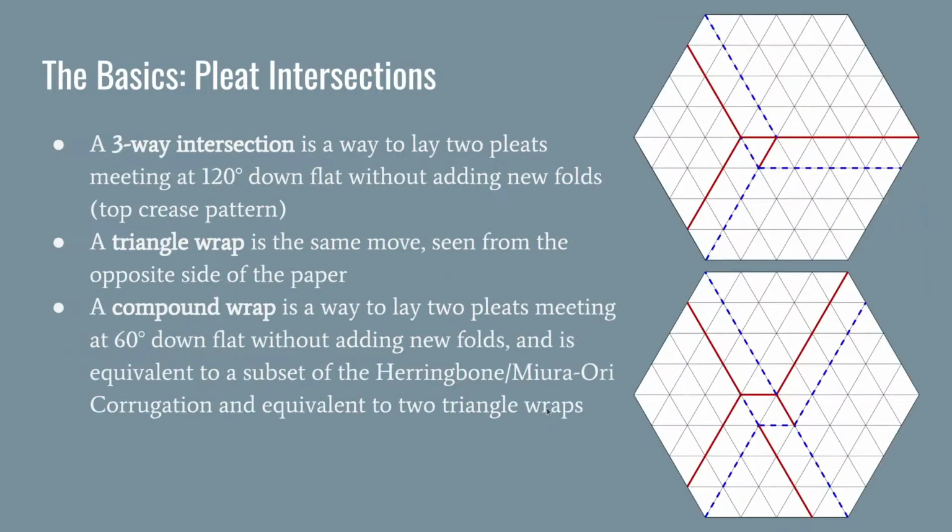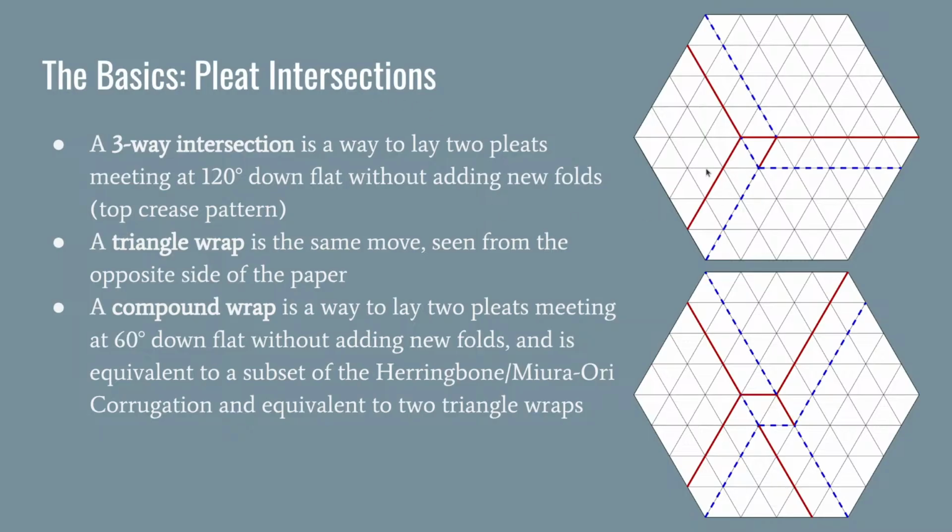And then more about pleat intersections. A three-way intersection is a way to lay two pleats meeting at 120 degrees down flat without adding new folds. And a triangle wrap is the exact same move seen from the opposite side of the paper. So I'll often say, okay, we've got that triangle wrap, and now we're going to flip over and turn that into a triangle twist.